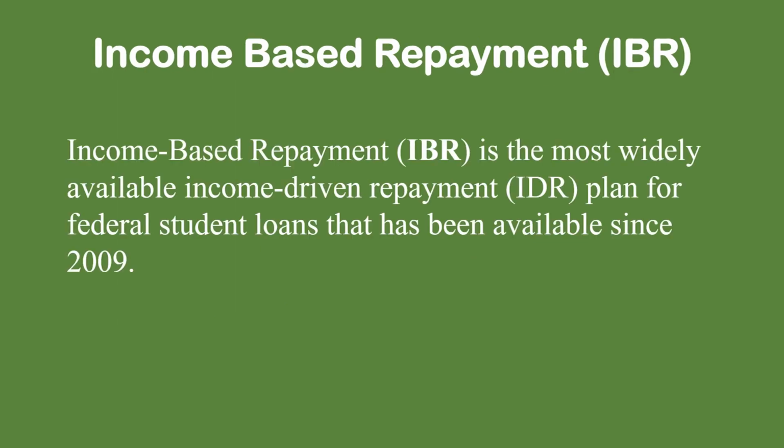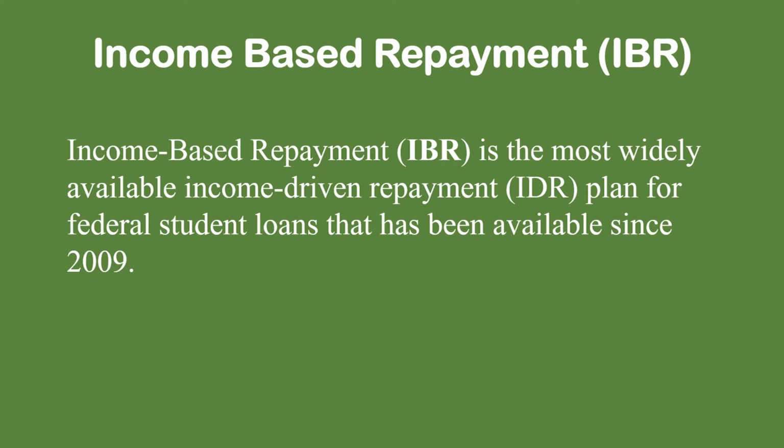Now, eligibility for income-based repayment depends on which loans you have taken out for your education and when they were taken out. The following federal student loans from the Direct Loan and Federal Family Education Loan programs are the ones that qualify for application.